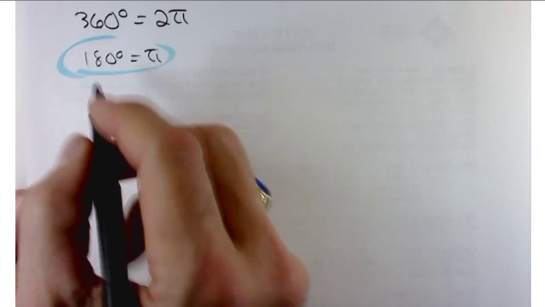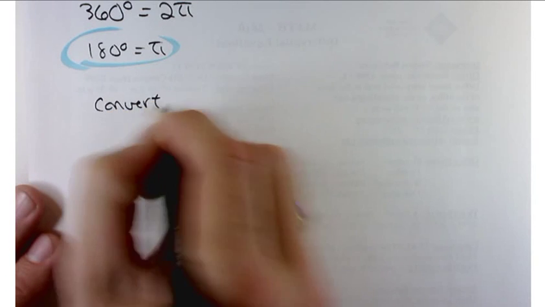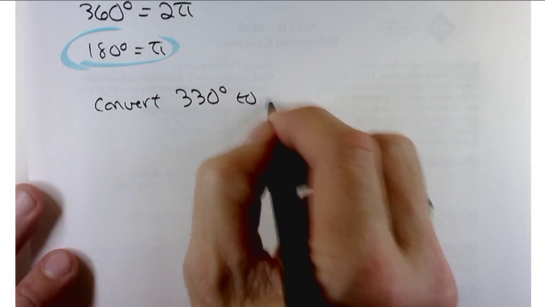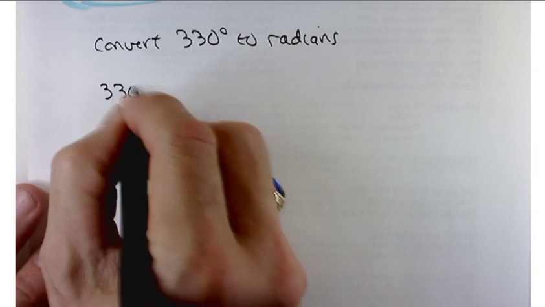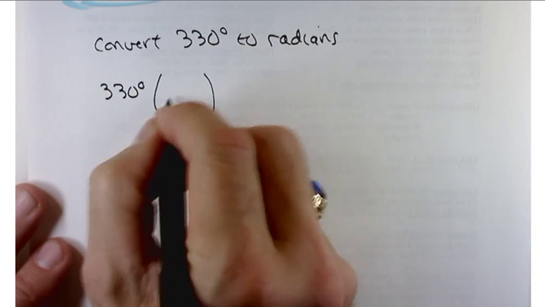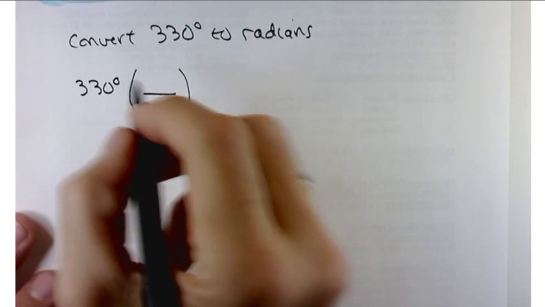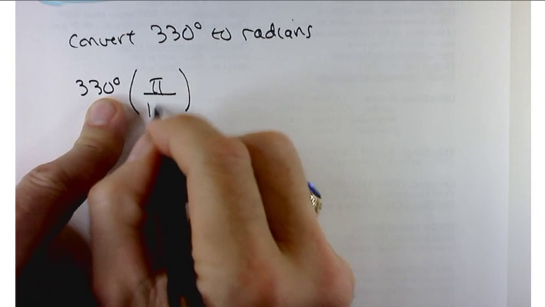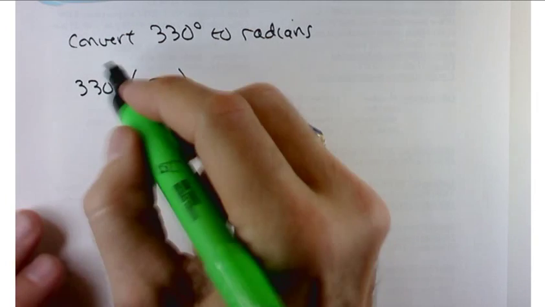So suppose I want to convert 330 degrees to radians. The trick is to multiply 330 by 1. The form of 1 that you're going to choose is going to cancel out the units of degrees. Exactly, pi over 180. And the first thing I'll do is cancel out the degrees.